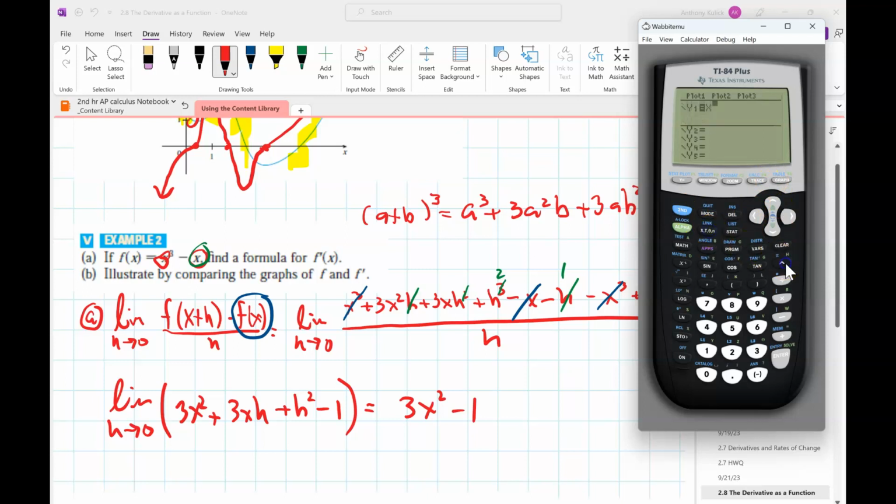All right, let's take a look at what this bad mama jamma looks like. So here's the original function, and I'm going to do a fat line for the derivative now. And then we'll just zoom standard that. So there's my original. There's my derivative. I'm going to mess around with my window here a little bit to get a better picture.